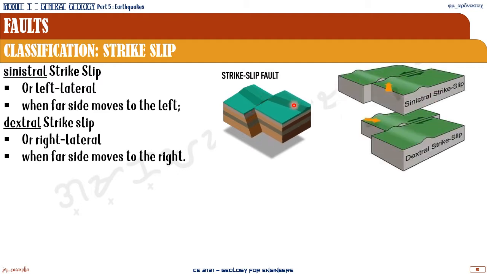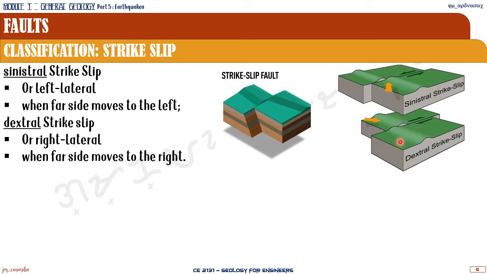So we have here a figure that would differentiate your sinistral and dextral strike slip. So as you can see, if you're standing here, the movement of the other plate is to the left. If I'm standing at the side, then the movement of the other fault or of the other plate is also to the left side if I'm facing this one.